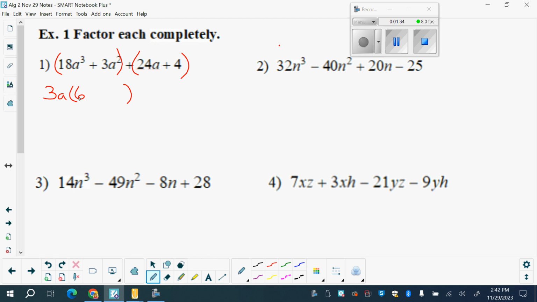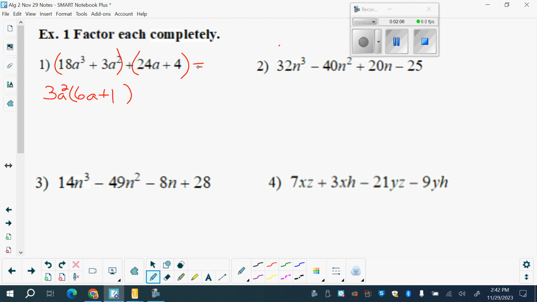Is it 3a or 3a squared? 3a squared, because we've got an a squared here. Does that make sense? We need to take out the greatest common factors. We're going to take out a 3a squared. So this would be 6a. So we're just factoring. Now what's the 3a squared times what gives us 3a squared? Yes, so this would be plus 1.